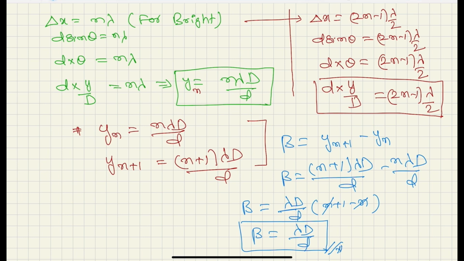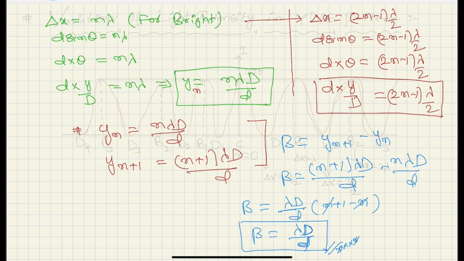This is very important for the fringe width. Whether it is a bright fringe or a dark fringe, the fringe width is beta equal to lambda D by d. Capital D is the distance between the screen and the slits. Small d is the distance between the slits. So this is for fringe width.